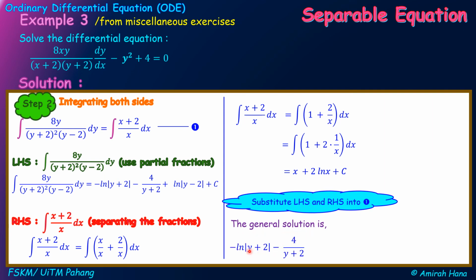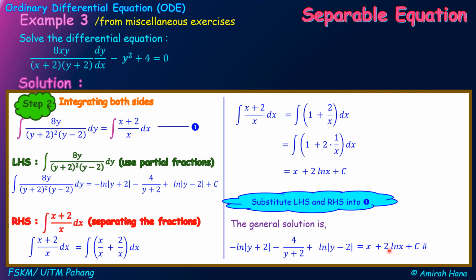So the general solution is, from equation 1 here, we substitute the answer from integrating the function on the left hand side, which is negative ln modulus y plus 2 minus 4 over y plus 2 plus ln y minus 2, and then equals to the function on the right hand side after we integrate.